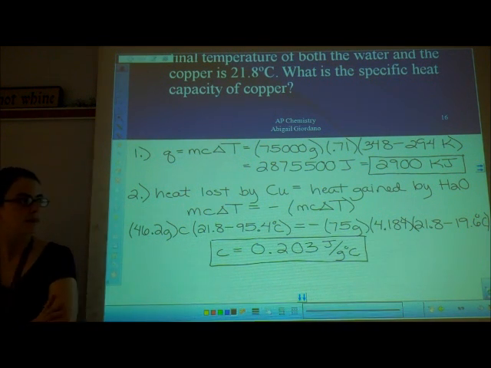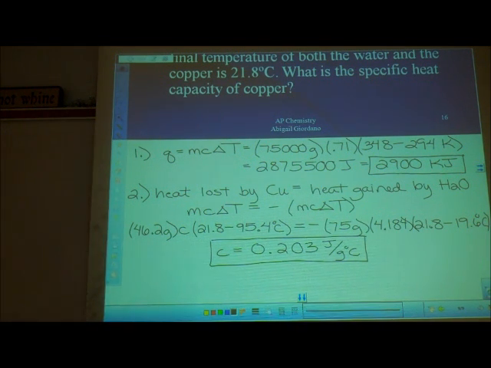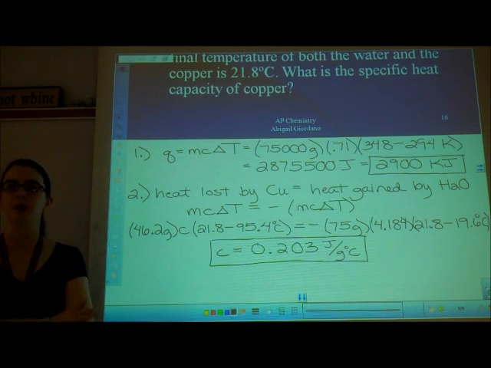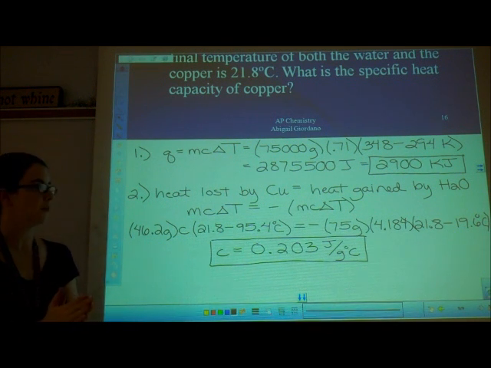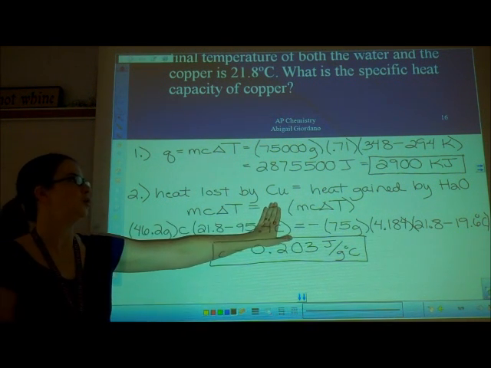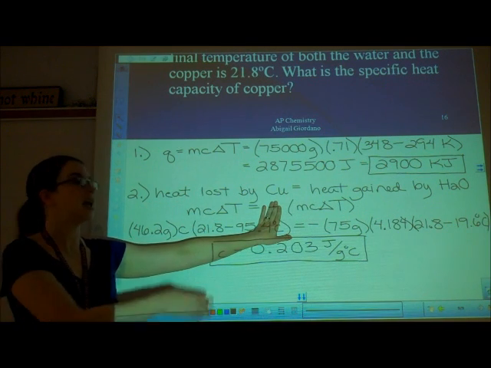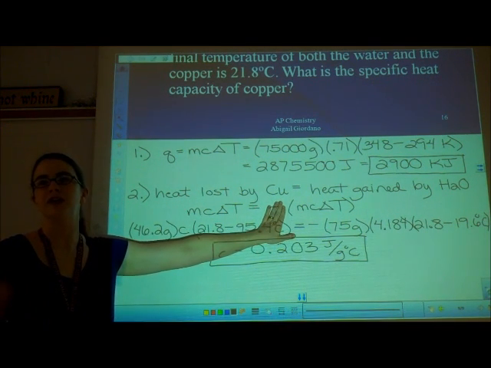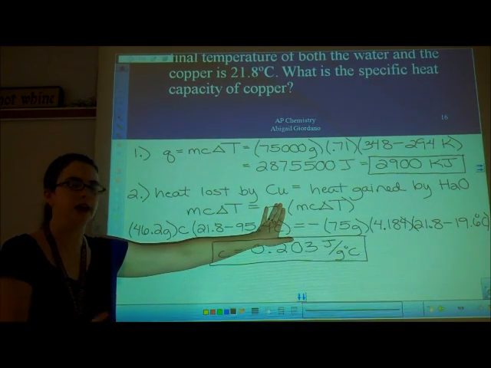Listen, you have some options. You have one other option in a problem like this. I want to call your attention to the fact that your textbook, and thus the solution manual, does not use that negative. They just say MC delta T equals MC delta T. Now, how can they do that?